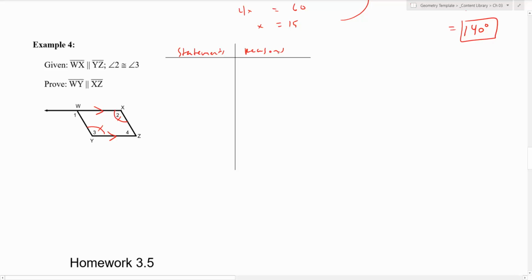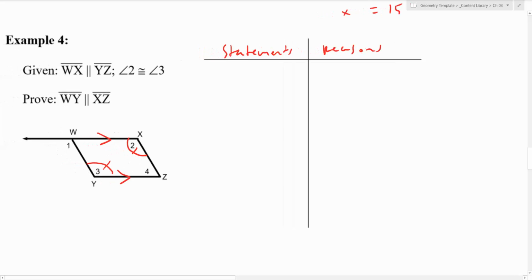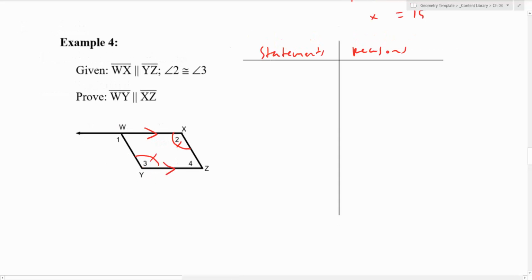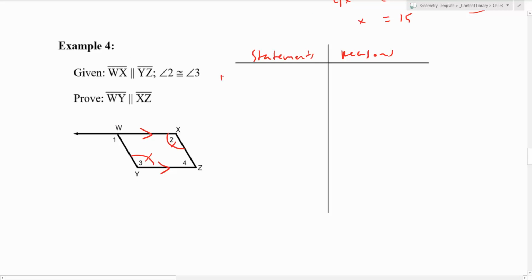I think I want to make this just a little bigger. Okay, so 1 and 1. Statements. I'm not going to throw all the givens out there just yet. I'm going to say WX is parallel to YZ, and that is a given. We already drew it in.